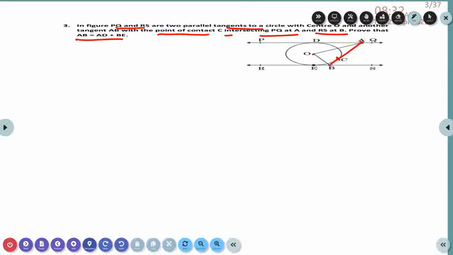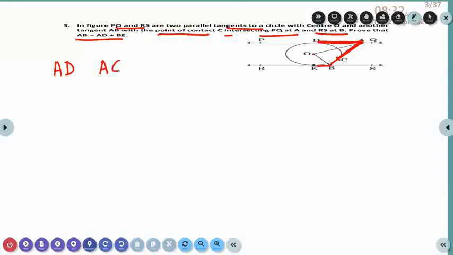Now if we look at this circle, from this point A, two tangents are drawn to this circle. One is tangent AD and the other is tangent AC. So AD and AC are two tangents drawn from an external point A. Now we have a theorem that tangents drawn to a circle from an external point are equal.